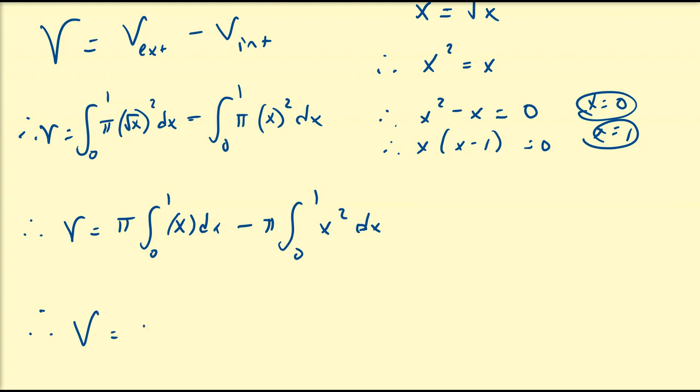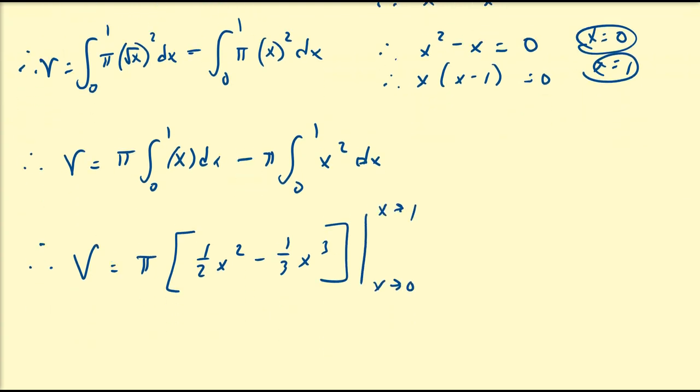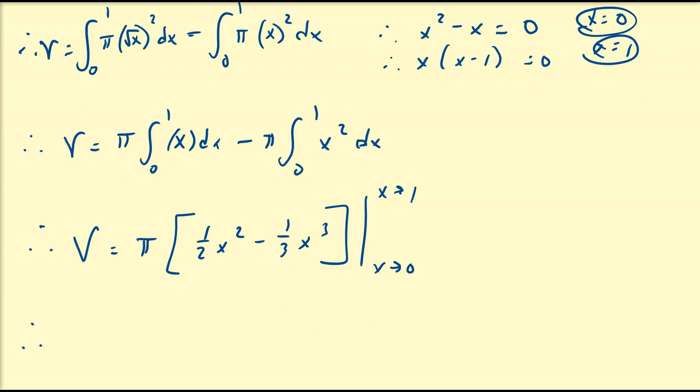Therefore the volume is going to be equal to pi times the antiderivative of x, which is 1/2 x squared, minus the antiderivative of x squared, which is 1/3 x cubed, and we're going to evaluate this from 0 to 1. 0 goes to 0, so that's no issue. So we just plug in 1. The volume is pi times 1/2 minus 1/3.